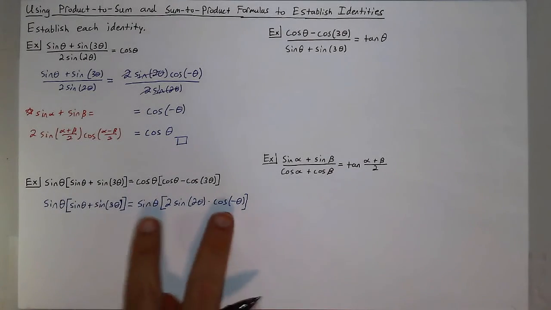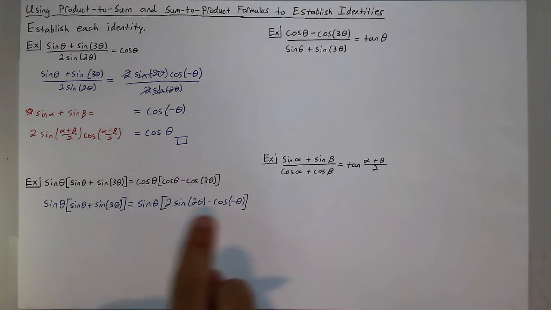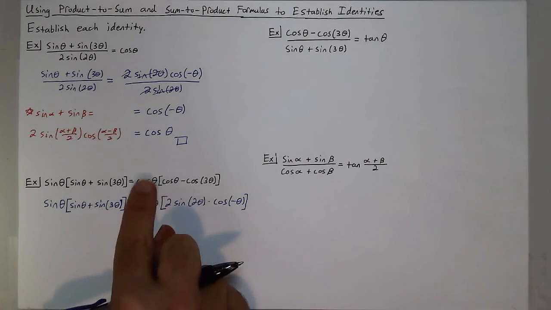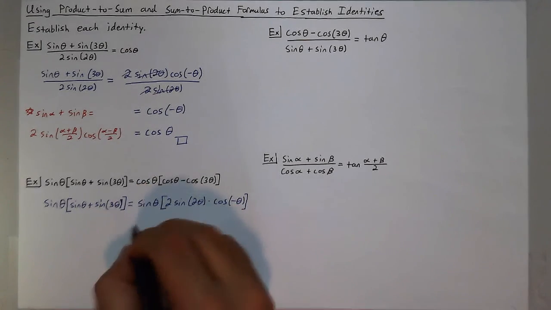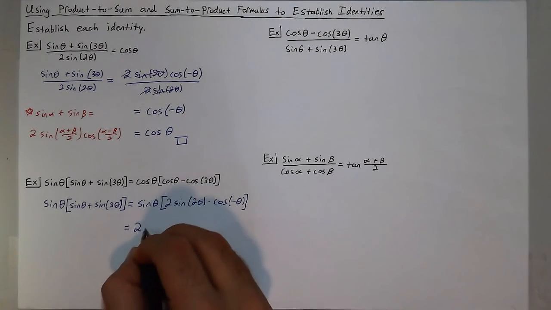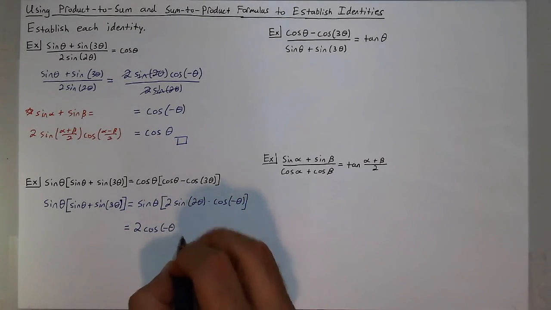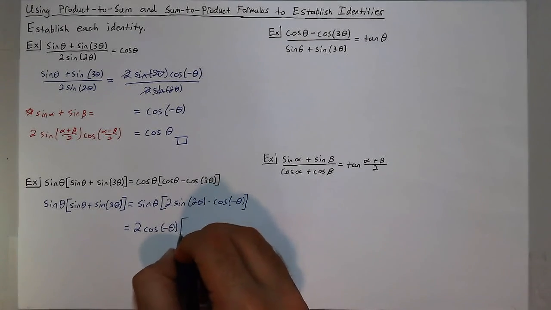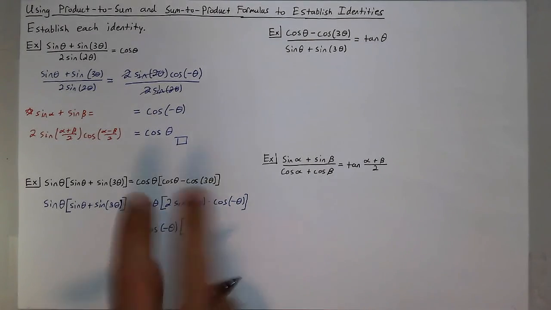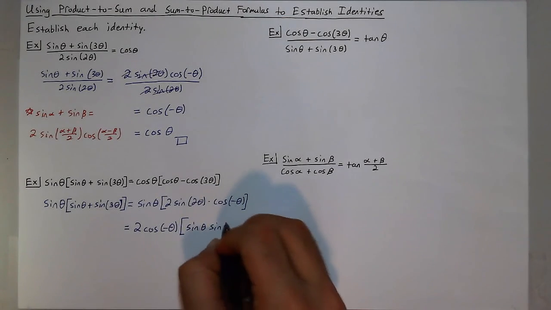So now here I'm going to assess and think about my end product. Now I can see that they're all being multiplied, and I have found a cosine of theta right here. So I'm going to rearrange this to bring the 2 out front because that's a coefficient, times cosine of negative theta, times, now I'll put these two sine functions together, sine of theta times sine of 2 theta.